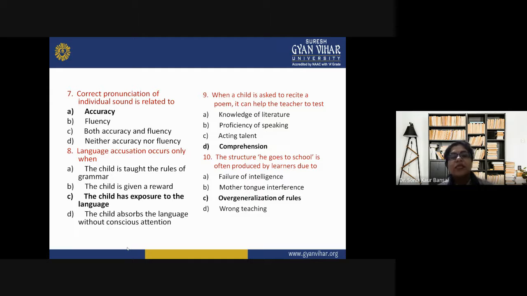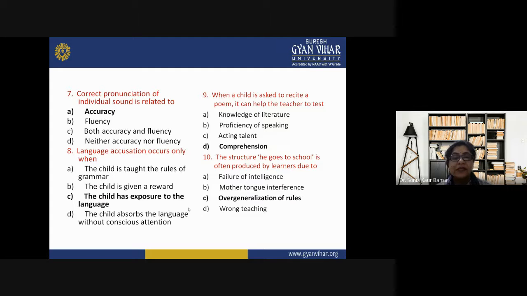Language acquisition occurs only when the child has exposure to the language. When a child is asked to recite a poem, it can help the teacher to test comprehension. The teacher is not helping for the knowledge of literature, the proficiency of speaking, or acting talent, but comprehension.